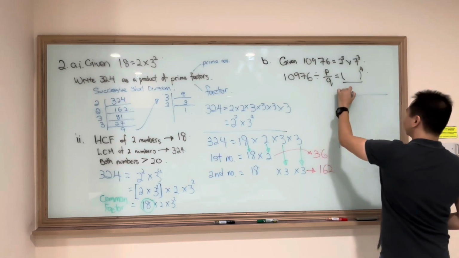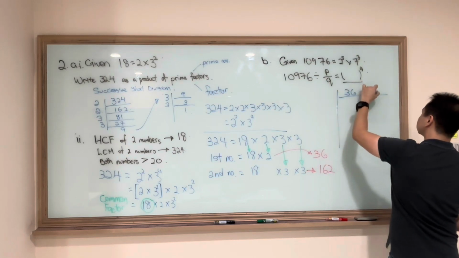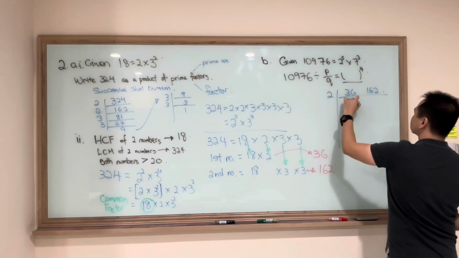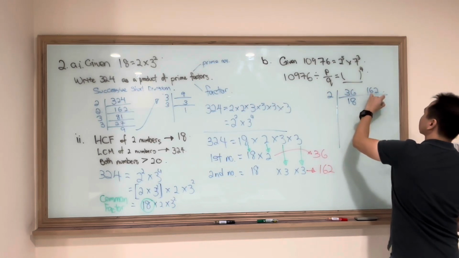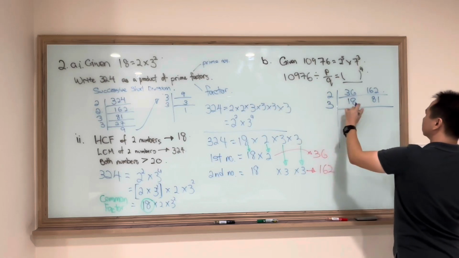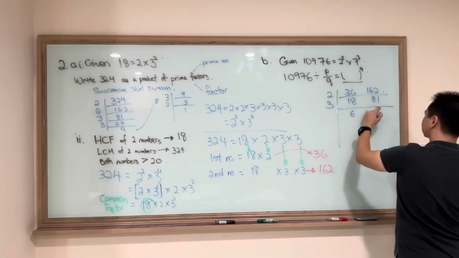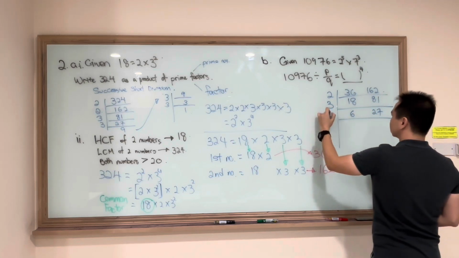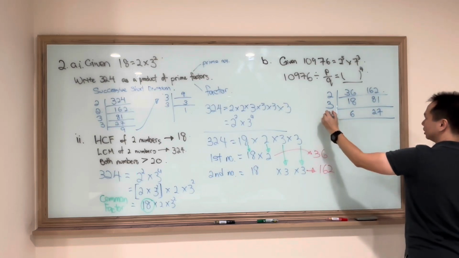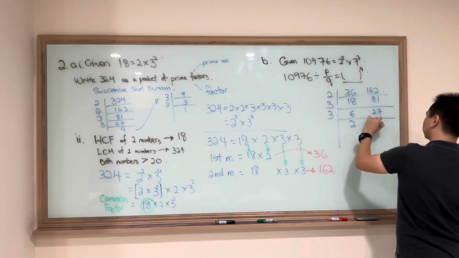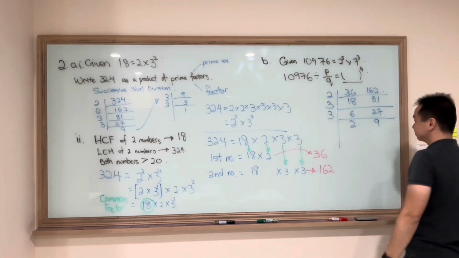So we draw the ladder, 36, 162. First, we divide by 2, then we get 18 and 81. After that, 2 cannot be used, so we use 3. This one will get 6, and this one will get 27. Then 6 and 27 are divisible by 3. Then we get 2 and 9.